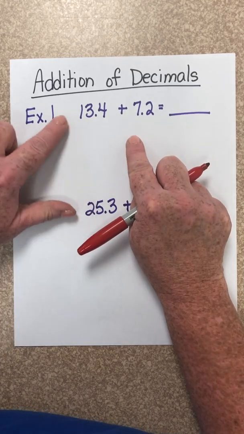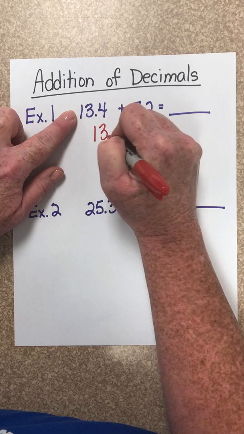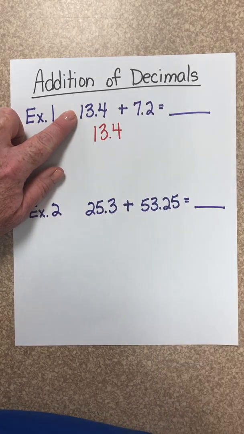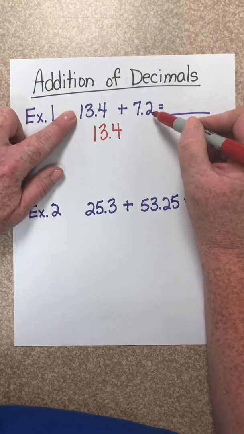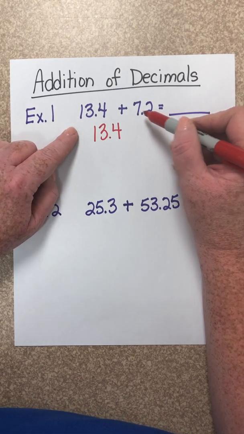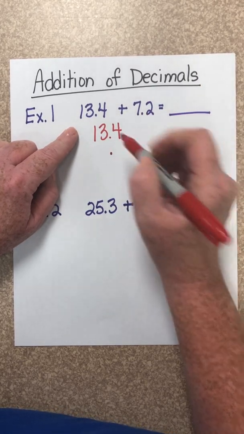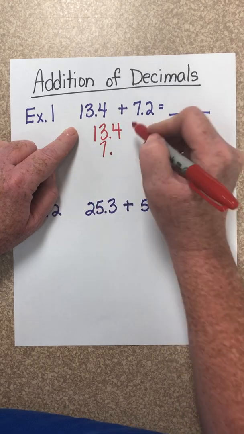So I'm going to start with the first number, 13.4. And when I add decimals, it is very important that you line up the decimal points. So the second number is 7.2.